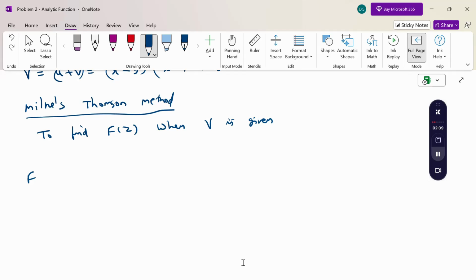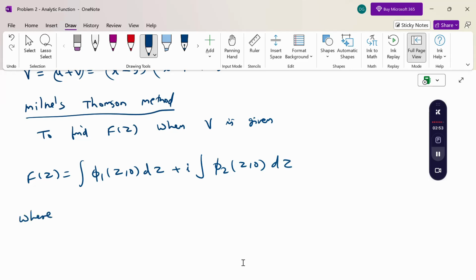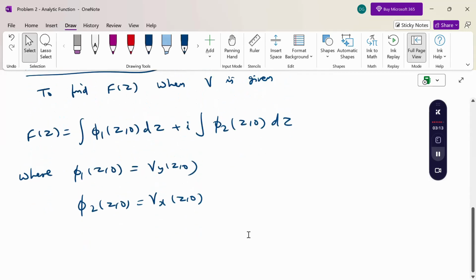Therefore, capital F of z equals integral phi 1 of z comma 0 dz plus i into integral phi 2 of z comma 0 dz, where phi 1 of z comma 0 is nothing but capital Vy of z comma 0 and phi 2 of z comma 0 is capital Vx of z comma 0. This is what we are going to calculate.